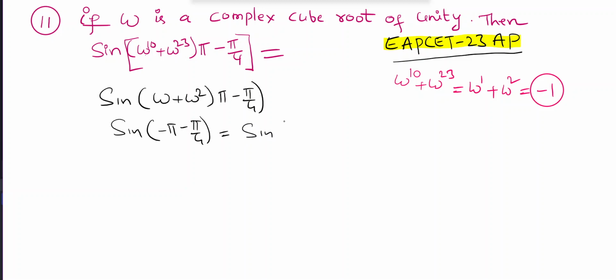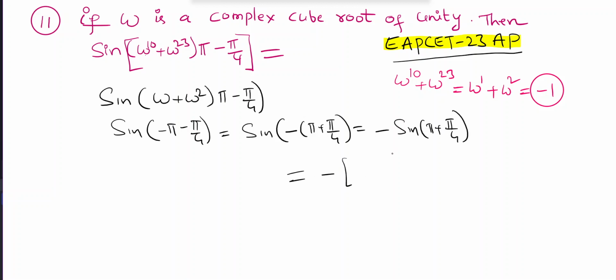This is sine of minus (pi plus pi by 4), and sine of minus theta is minus sine of pi plus pi by 4. This is sine of 180 plus theta, which is in the third quadrant, so this is minus sine pi by 4. Here minus into minus is plus sine pi by 4. That value is 1 by root 2. This is the required answer.